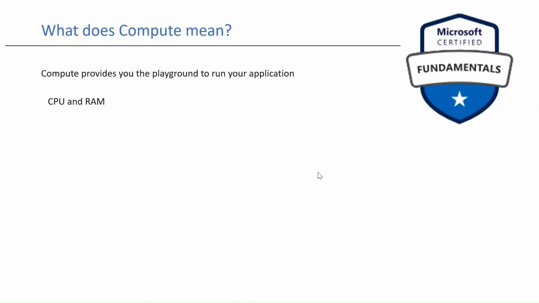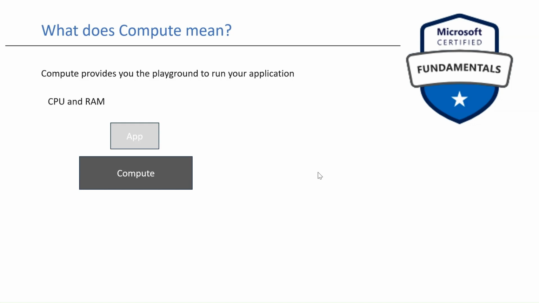Now let's quickly look at the broader architecture of where compute fits into this compute, storage and networking architecture. All right, so let's assume this is a compute instance, whether it's a virtual machine, a web app, or a container. It's a compute instance that provides you CPU and RAM. On top of it runs your application.